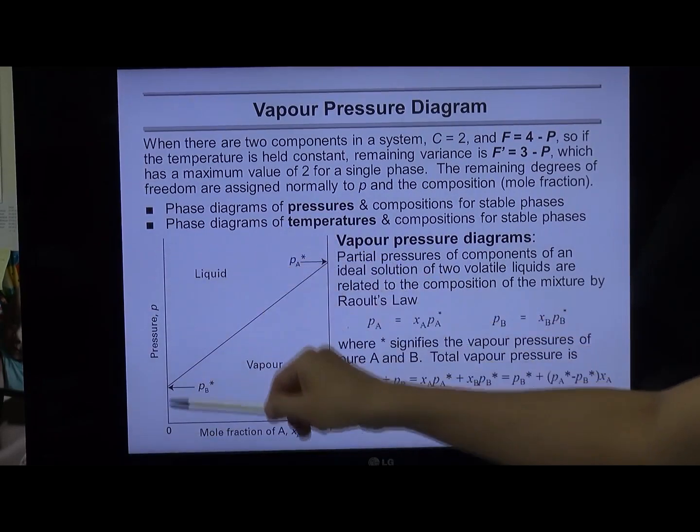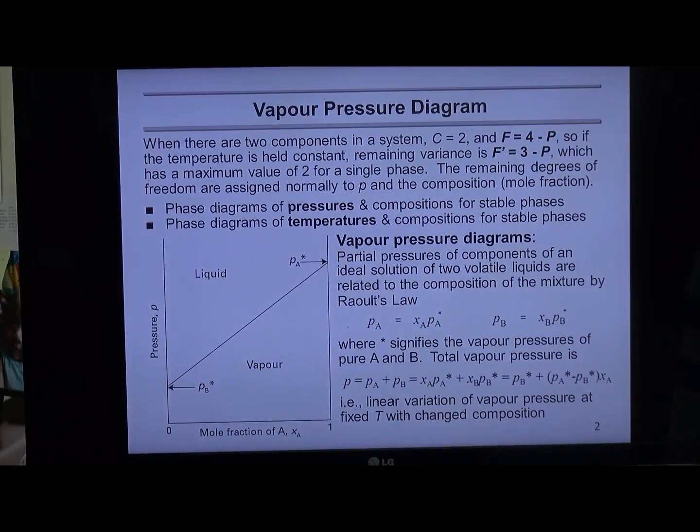Total pressure here in y-axis. PA plus PB is equal to XA PA star plus XB PB star. Since XA plus XB is equal to 1, we can replace XB by 1 minus XA, right? Then this expression can be rearranged as PB star plus PA star minus PB star times XA.